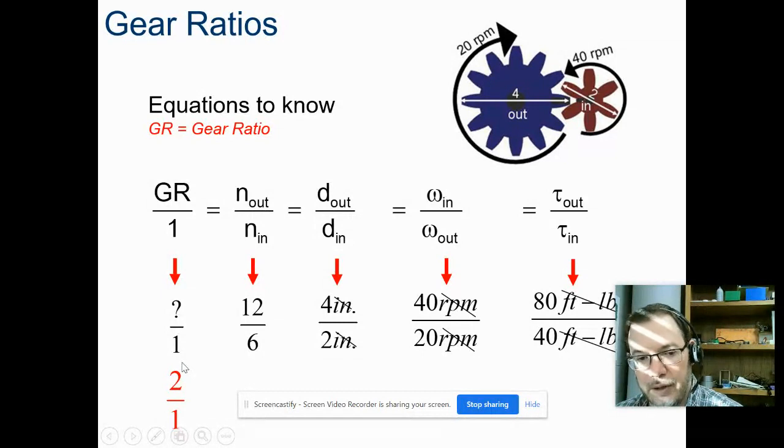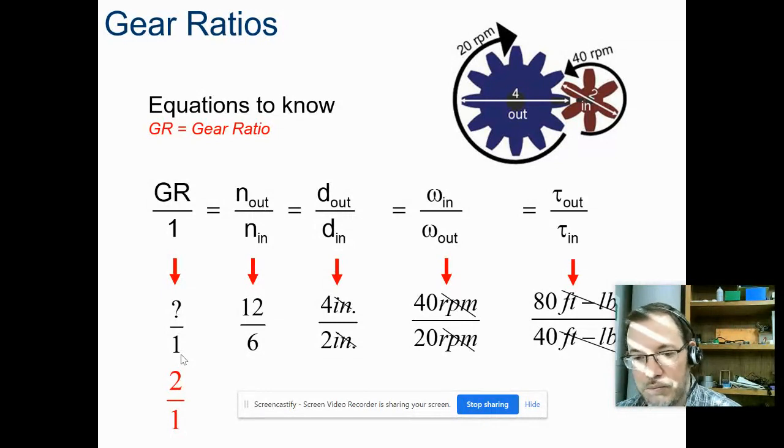That's always going to be the case. If it were less than 1, and again, it can't be negative, can't be 0, but if it's between 0 and 1, then it's going to be the opposite. So if we're going with a gear ratio less than 1, that means we're going to have less output torque but greater output speed. So we're getting more speed out, but we're getting less torque.